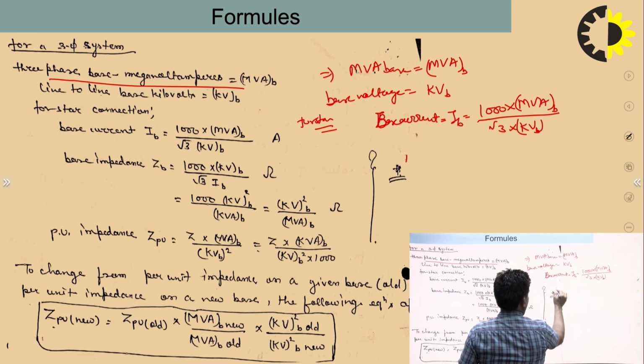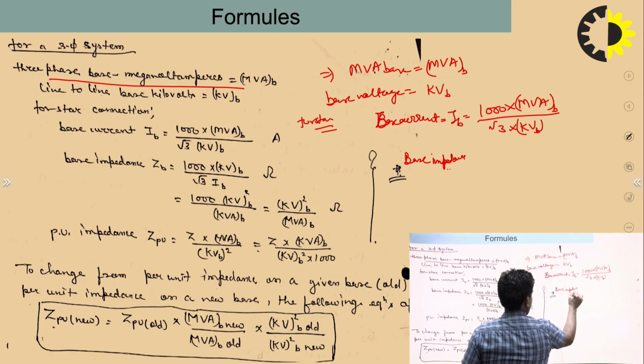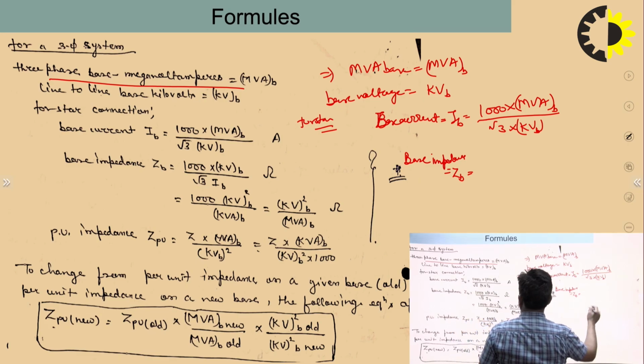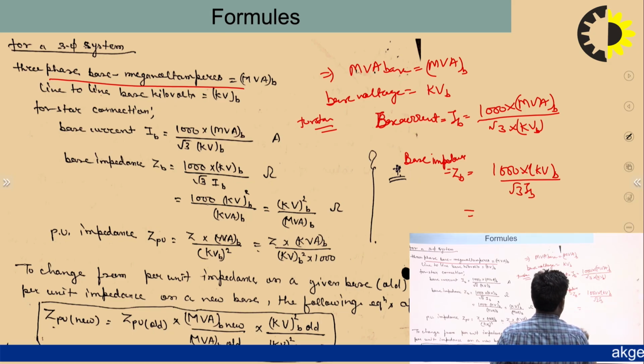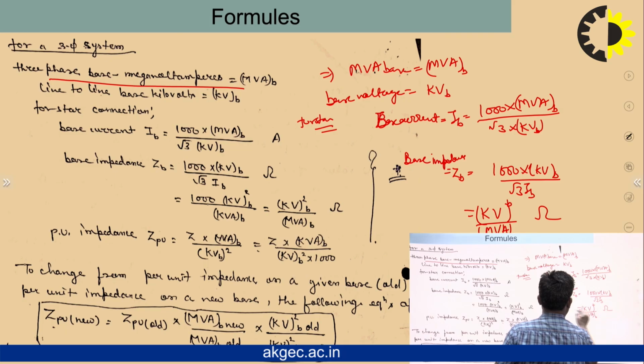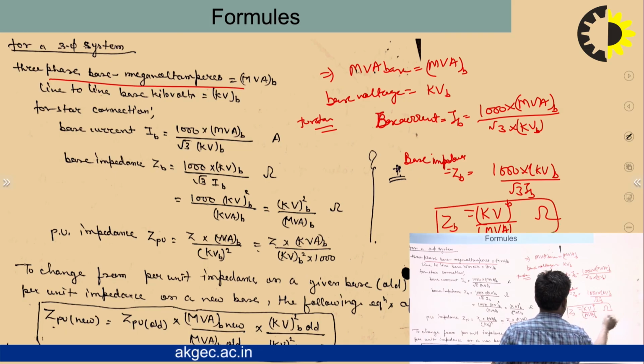If we calculate the base impedance, ZB is equal to the base voltage upon root 3 IB, and we put in the value of IB. So the Z base is calculated.